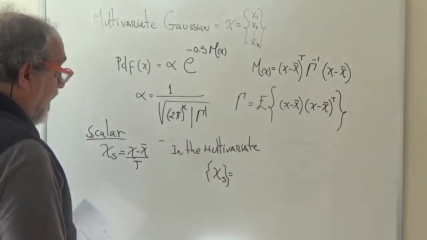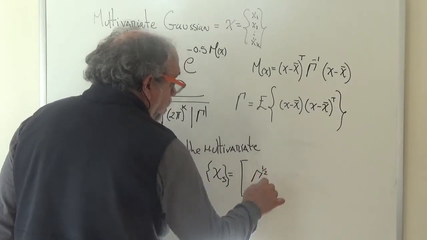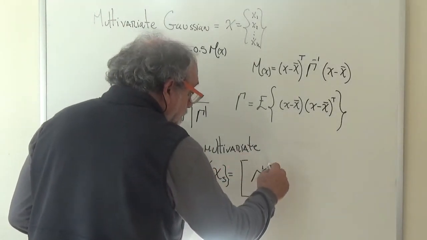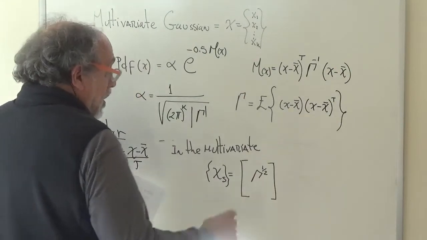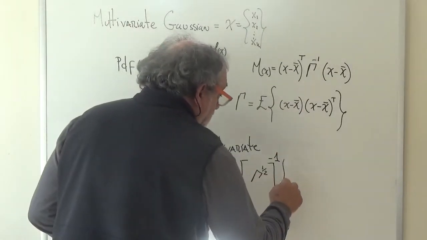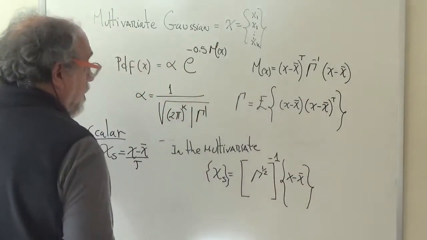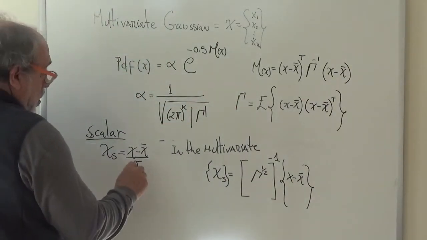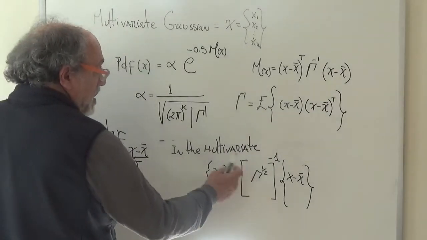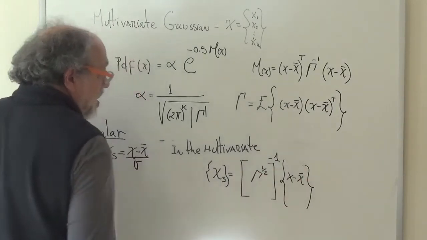And that vector is the variance to the 1/2, which would be the standard deviation of all the variables, to the -1 multiplied times x minus x bar, right? So you can see here that all you do in the scalar case is divide by the standard deviation. Here the division, because it's multivariate, is just pre-multiplication by the square root of the variance, right? Which is the same thing.